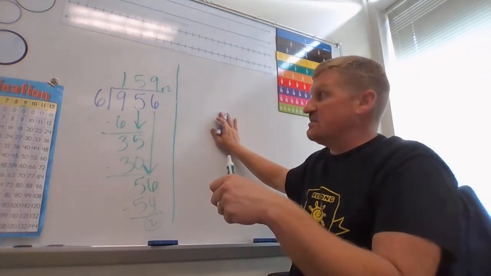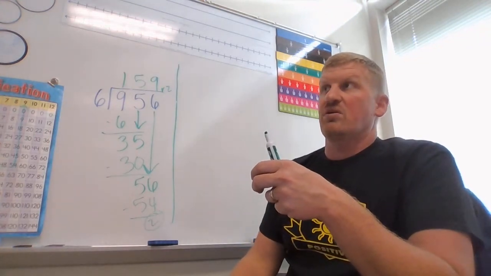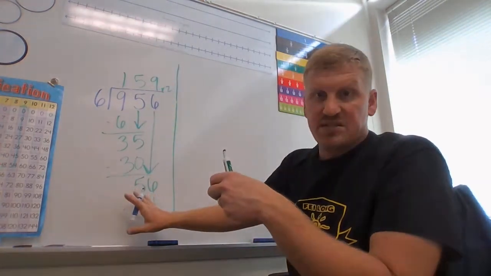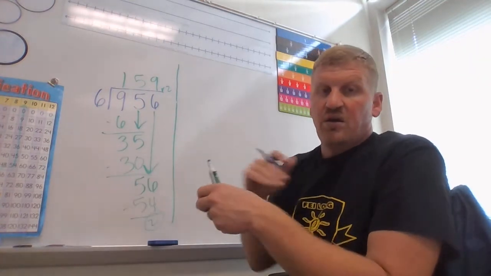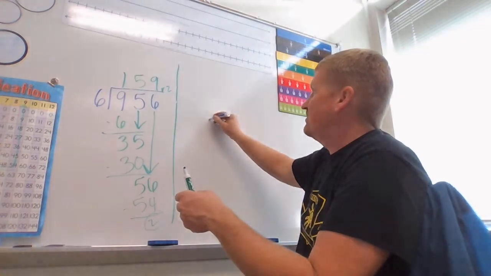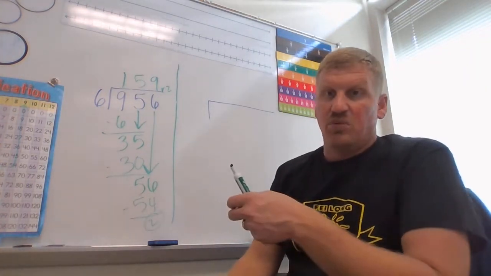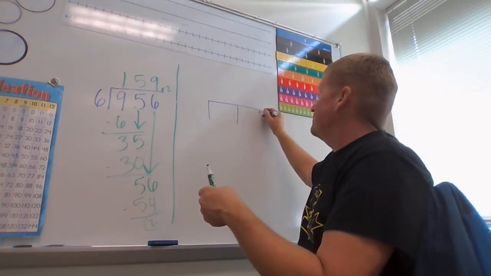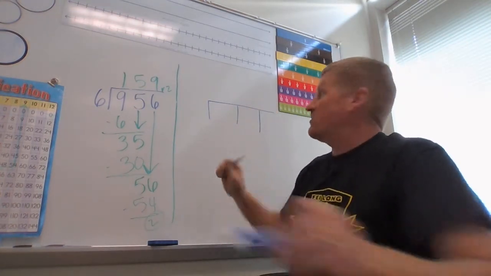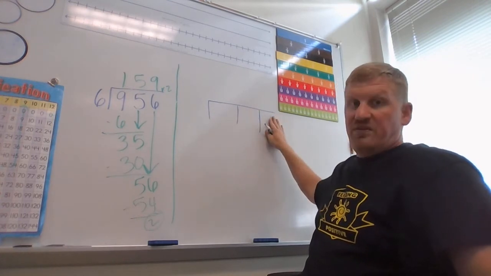So this next method, the 3 little pigs, is a way for students that either have a hard time organizing numbers vertically or have a hard time with their multiplication facts. What it's going to do is allow you to do the exact same steps in the exact same order, but in a manner in which you're going to have a division problem, a division problem, and a division problem.